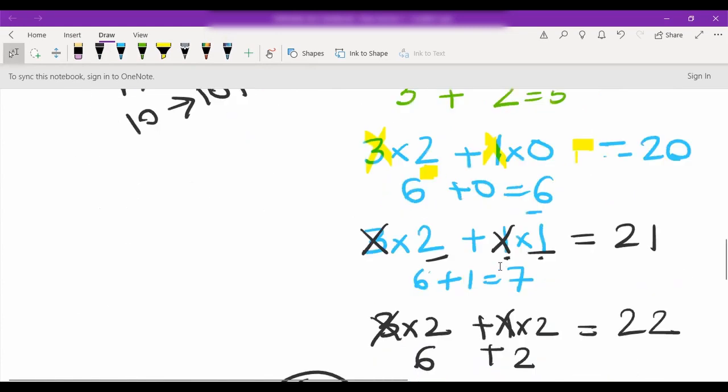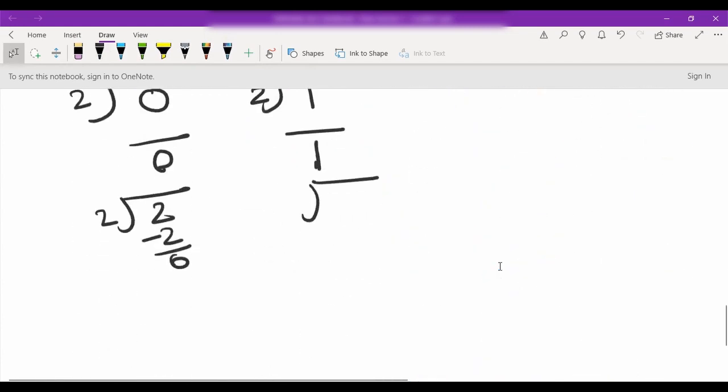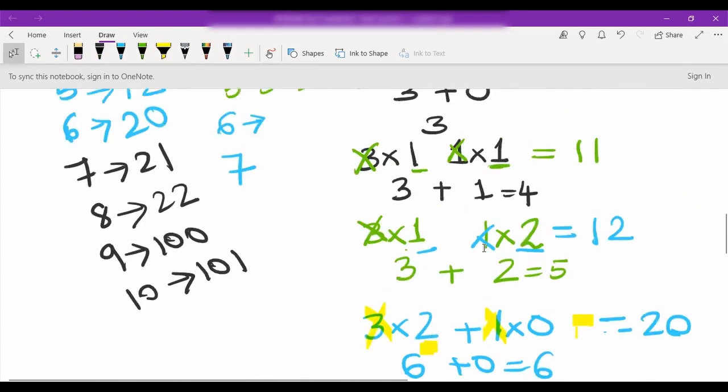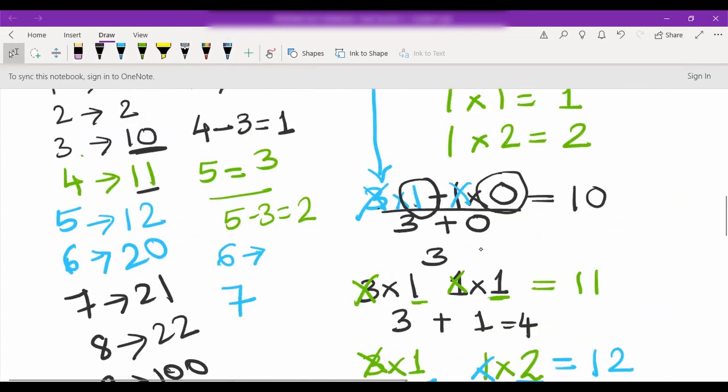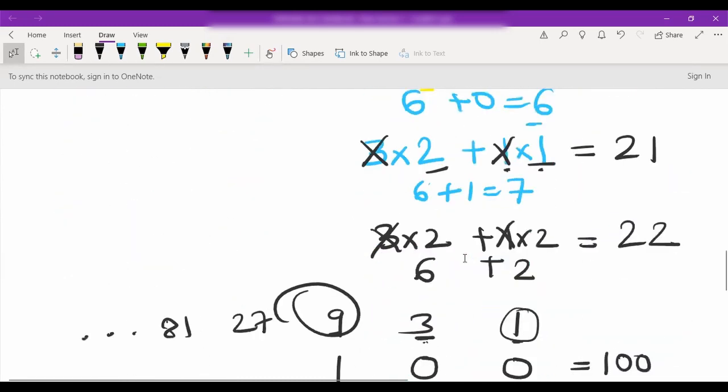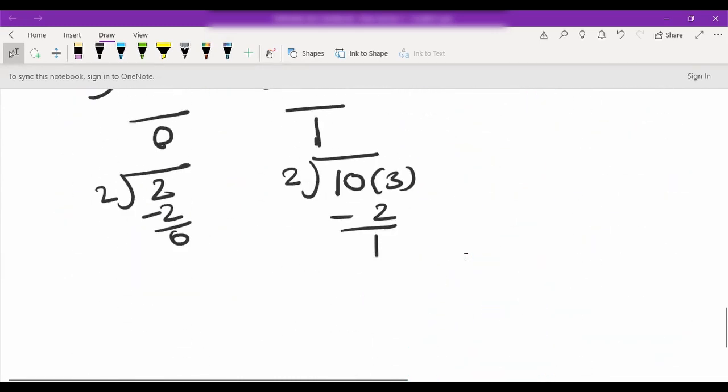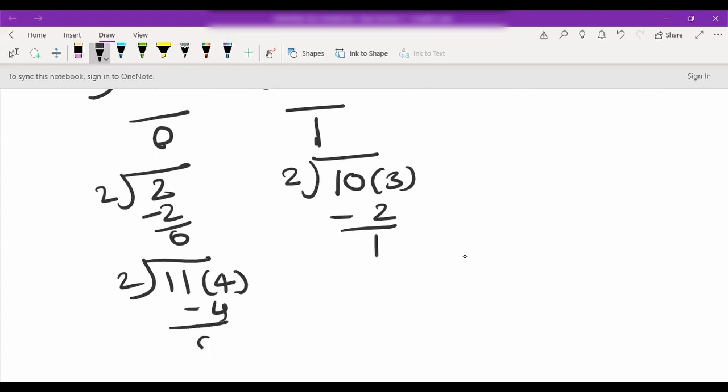So 1, 0 in ternary is nothing but decimal number 3. When it is divided by 2, your remainder will be 1. Now the next number, number 4. It is represented in the ternary number system as 1, 1. When 4 is divided by 2, your remainder will be 0.